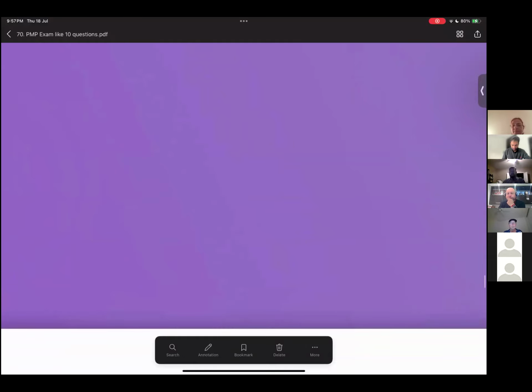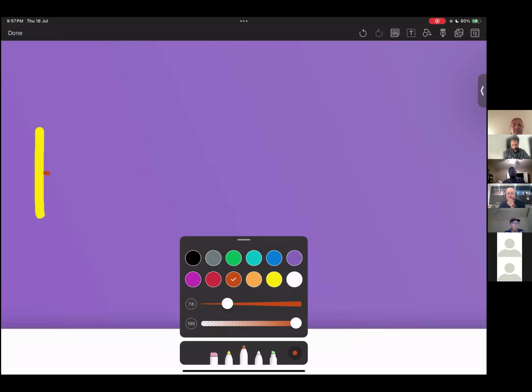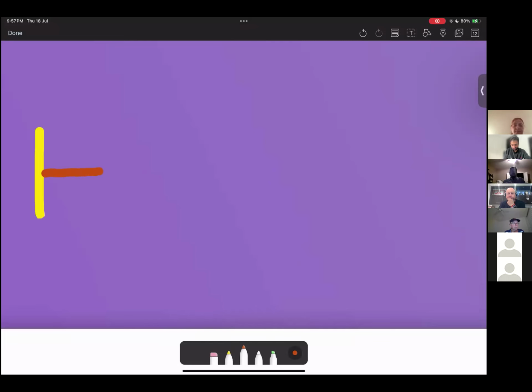What we do is we start our iteration and conduct the iteration planning meeting. So during the iteration planning meeting, you define your definition of done.